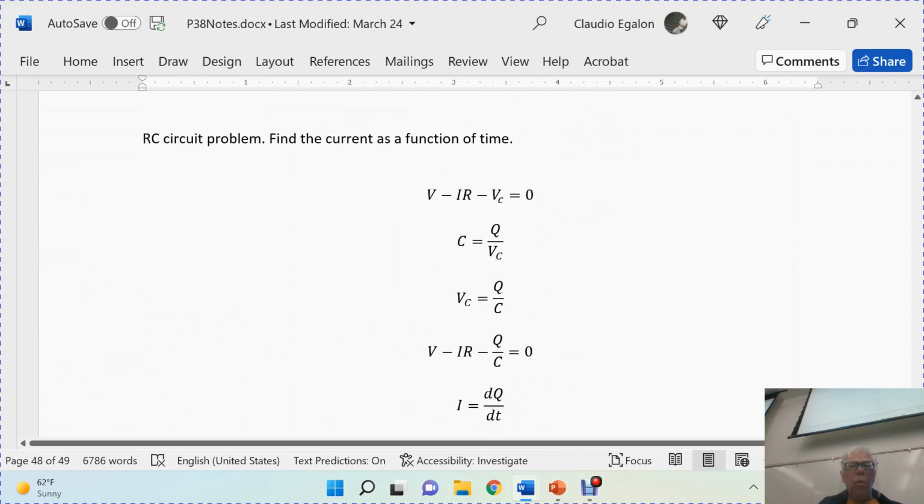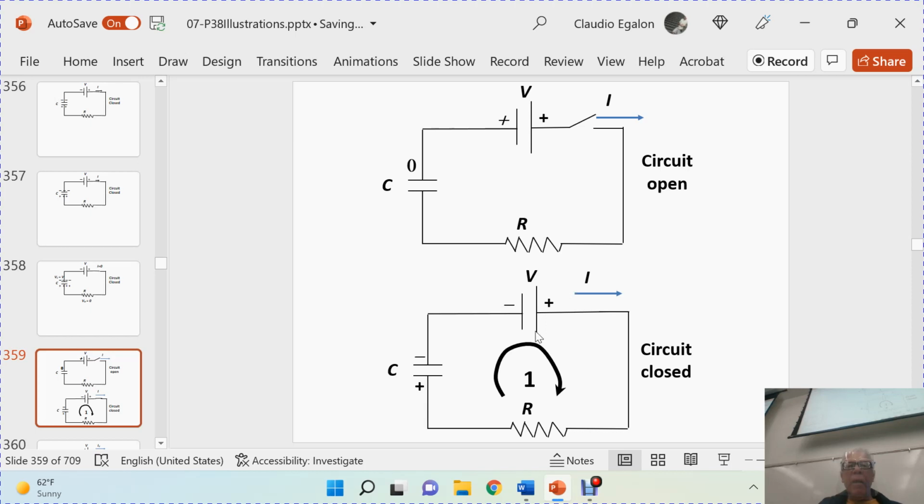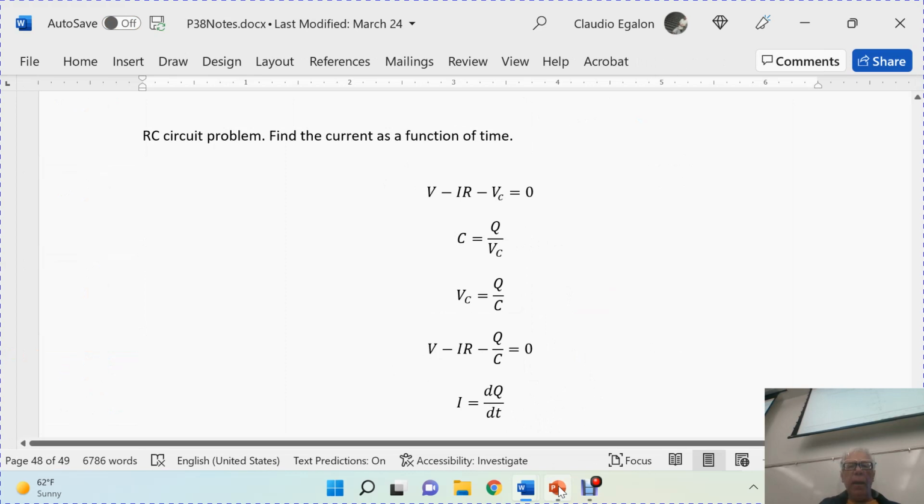Kirchhoff's loop law. We start at the battery, or power supply, and go from the negative to the positive, a potential difference V. Then we go through the resistor, where we have a loss of potential difference, which is iR. So minus iR.